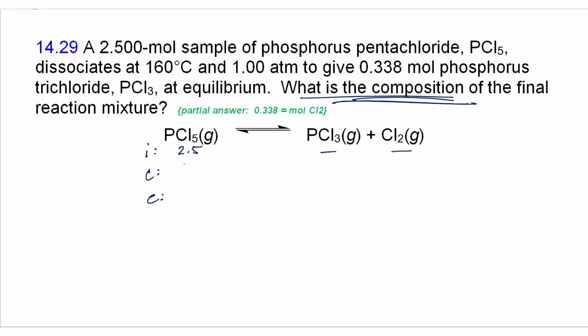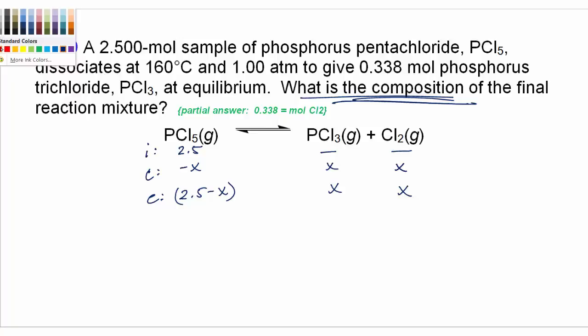The change: minus X, X and X. Equilibrium: 2.5 minus X, X and X. So I get 0.338 moles of phosphorus trichloride at equilibrium. Okay, well that means this has to be 0.338 too then.